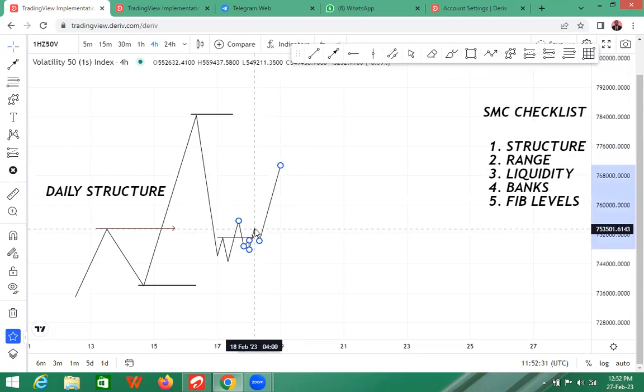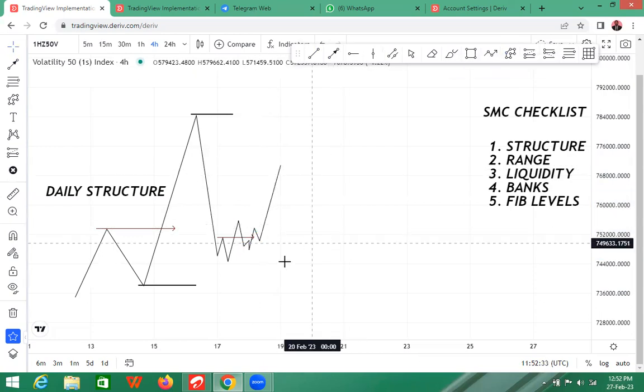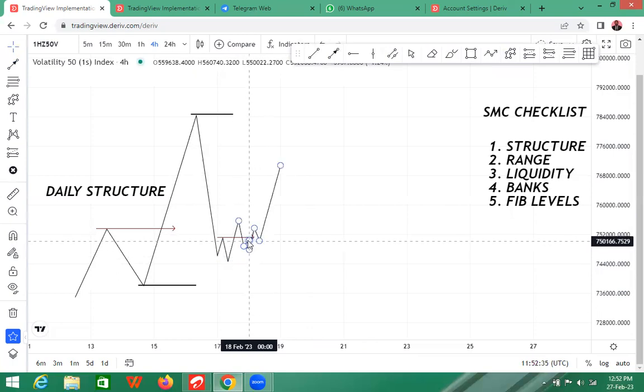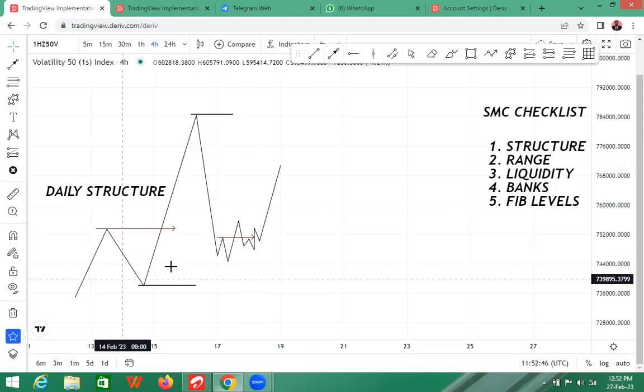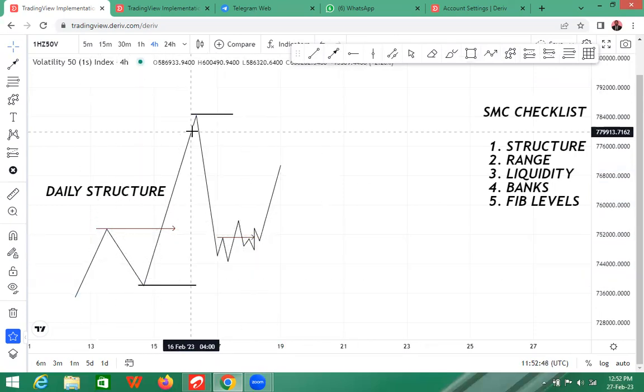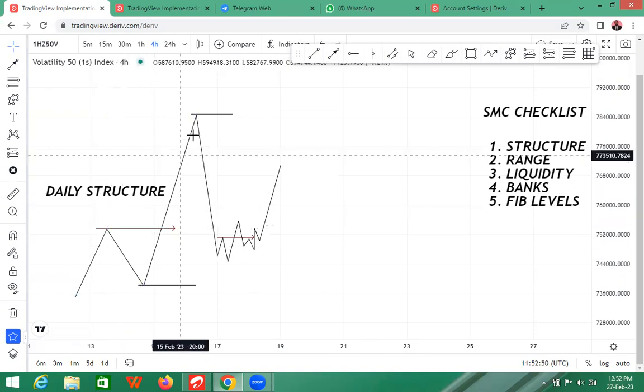So you want to watch out for such a kind of reaccumulation. The break of structure is the accumulation on the higher time frame.